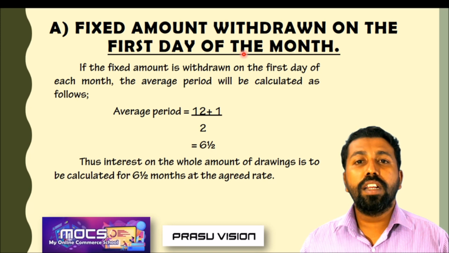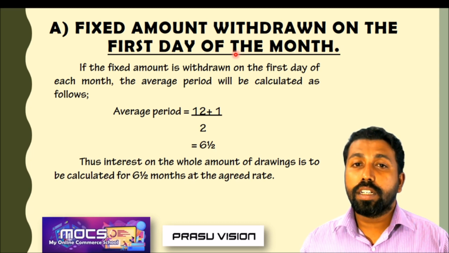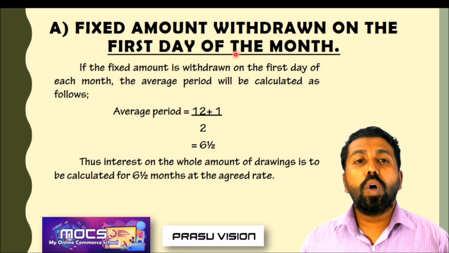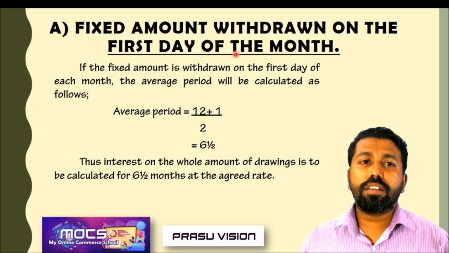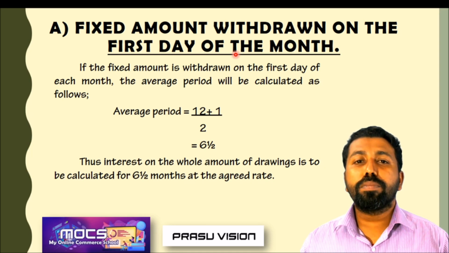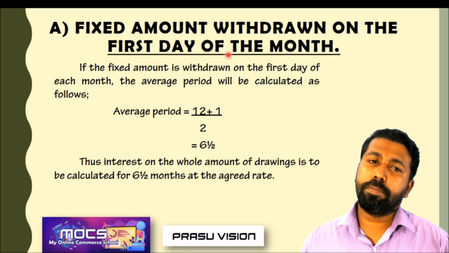Remember the financial year entity concept. The financial year may be from 1st January to 31st December, or from 1st April to 31st March. Suppose the financial year is from January to December. Normally the drawings will be made on 1st January.